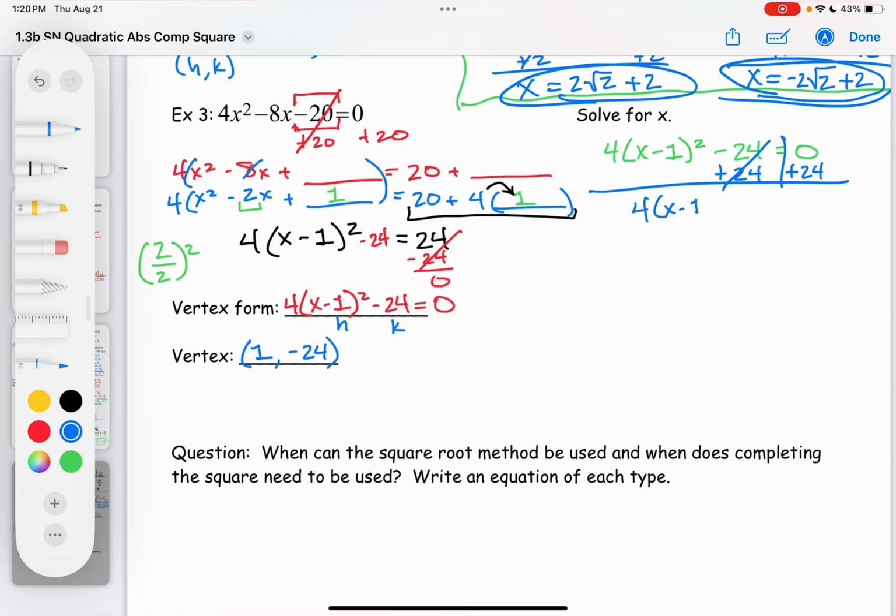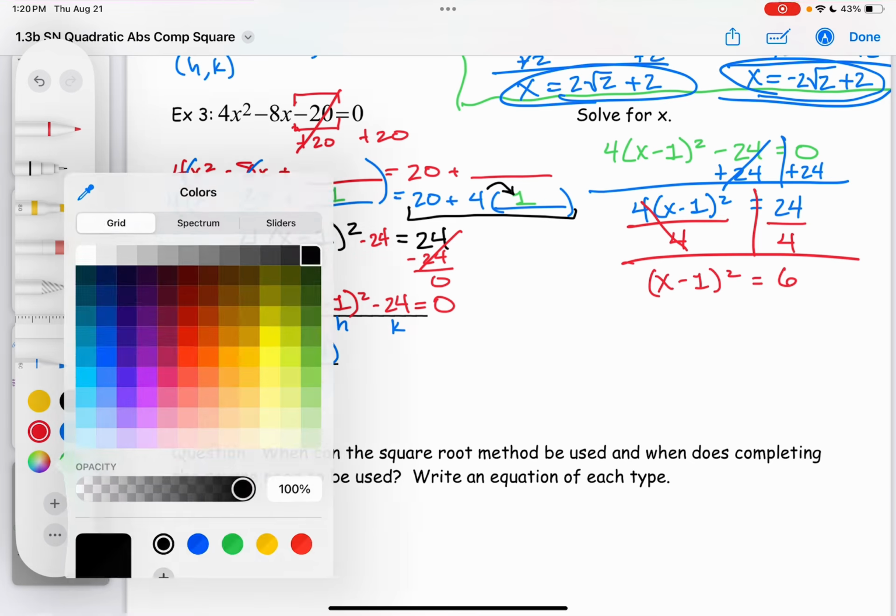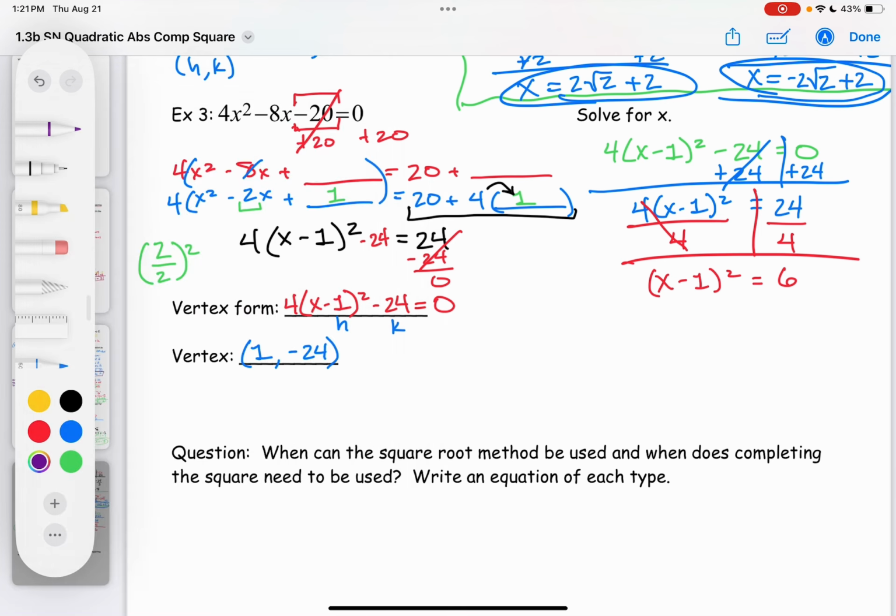Next step, I'm going to get rid of the 4 by dividing. 24 divided by 4 is 6. Next, I'm going to use the square root method. Square root squared cancels, so I have x minus 1 equals plus or minus square root of 6.